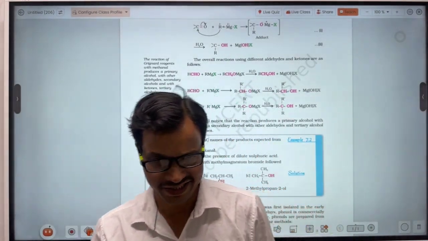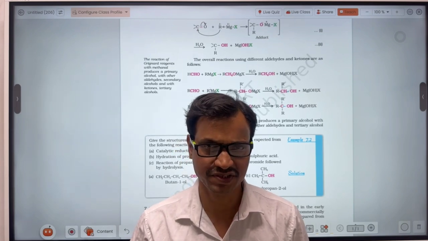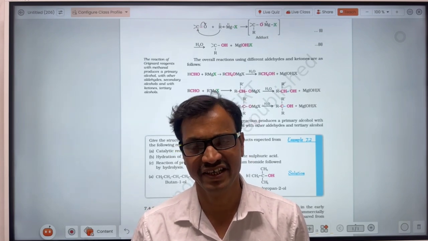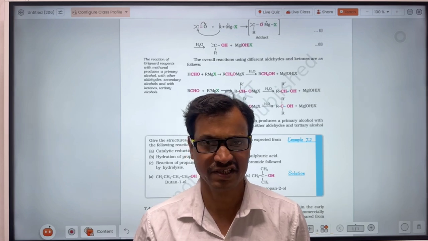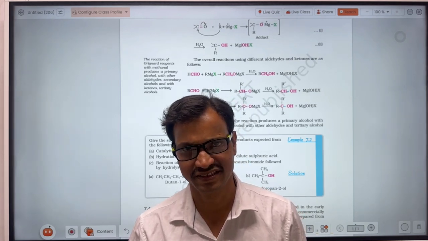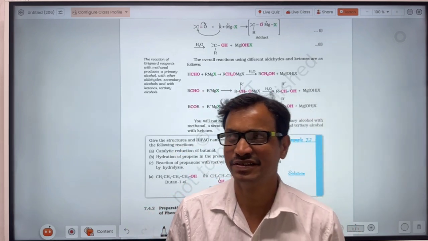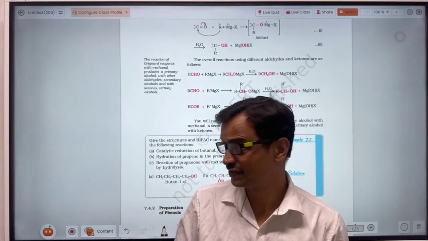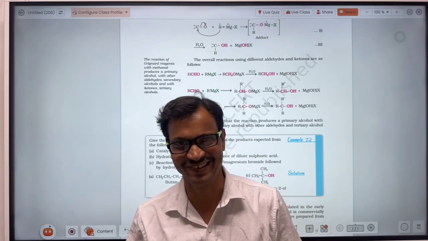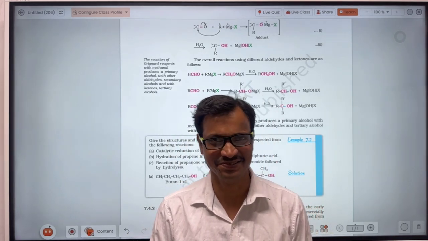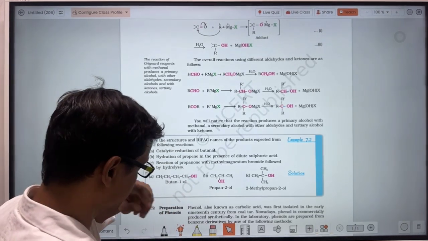When an aldehyde other than methanol is treated with Grignard reagent, there will be formation of a 2 degree alcohol. And when a ketone is treated with Grignard reagent, there will be formation of a 3 degree alcohol. You have seen how. It is better to practice this reaction, and then you will also feel enjoyment. So I suggest you practice. Now let's see the next point about this question.